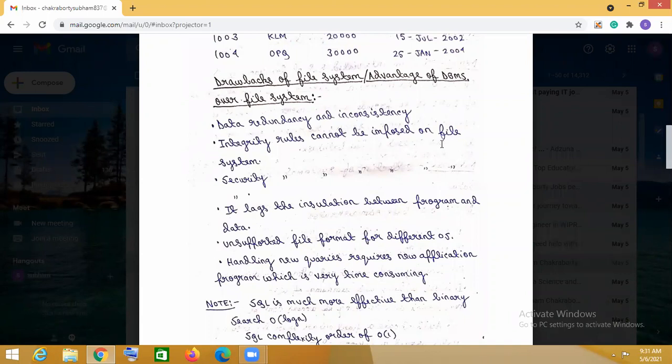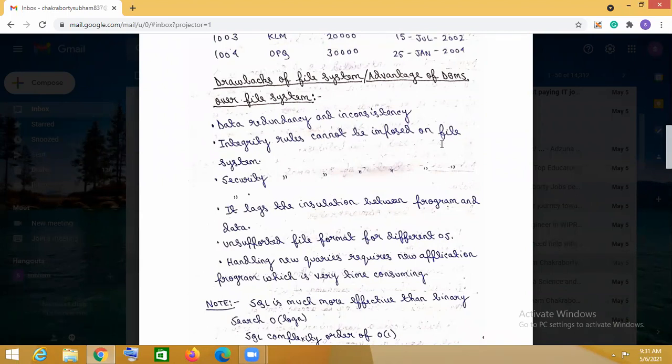And for handling each and every new query, it requires a new application program, which is very time consuming. These are all the drawbacks of the file system.